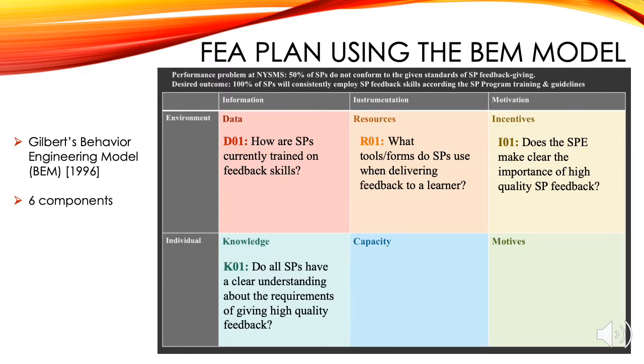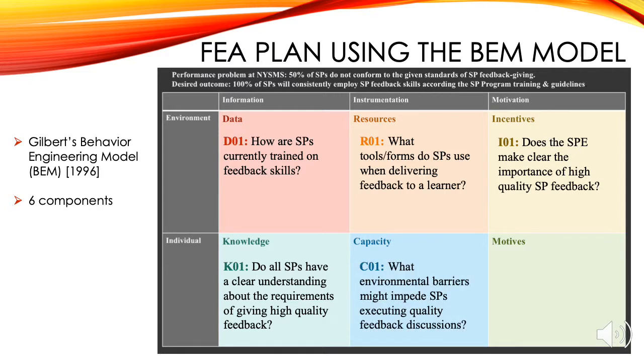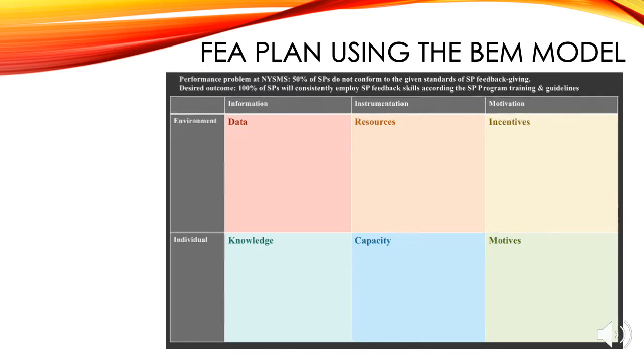In the individual domain, one question for knowledge, K01, is, do all SPs have a clear understanding about the requirements of giving high-quality feedback? Capacity, C01, is, what environmental barriers might impede SPs executing quality feedback discussions? And motives, M01, is, how do SPs know when their feedback was good or exceptional?